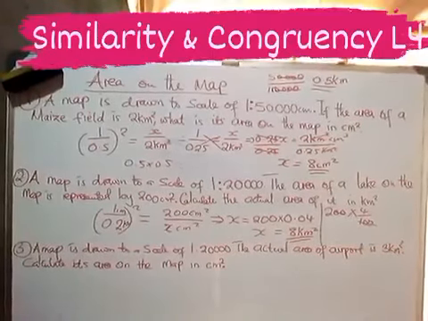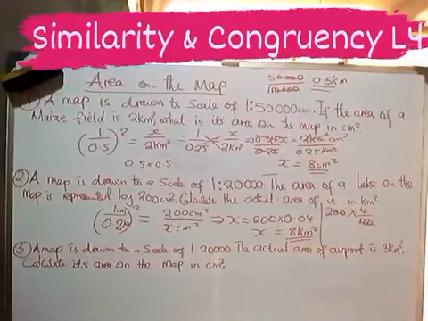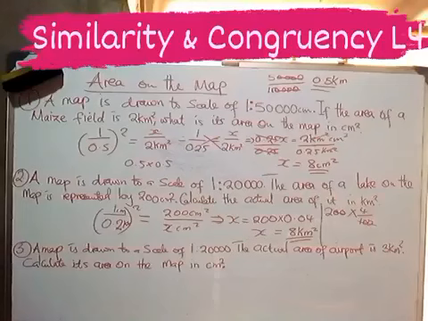We go to the next question. The next question says, a map is drawn to a scale of 1 to 20,000. The actual area of an airport is 3 kilometers squared. Calculate its area on the map in centimeter squared.